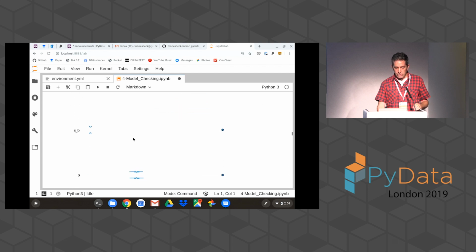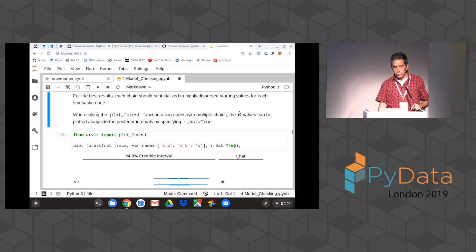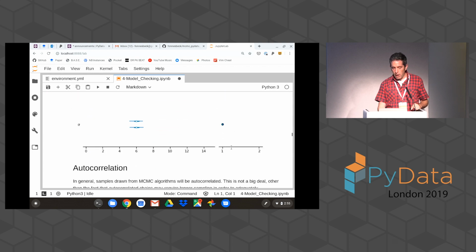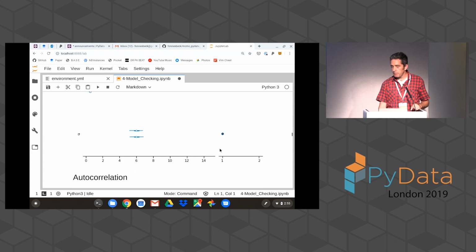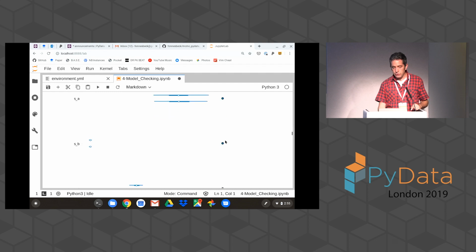They're really good for visualizing posteriors of lots of variables in the same figure. So these are posterior plots of the standard deviation of the slope and intercept. And if you say R hat equals true, it will plot the R hat values for you. And you can see both of these are close to 1.